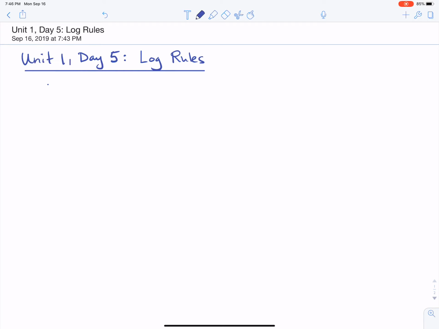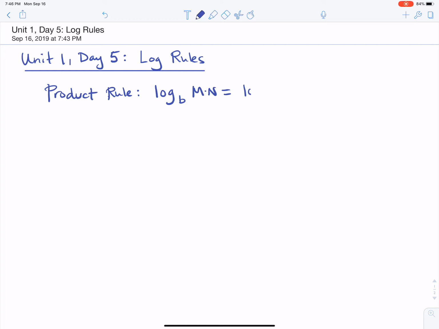We have what is called the product rule. Okay, the product rule basically says log base b of m times n. So you've got a product.